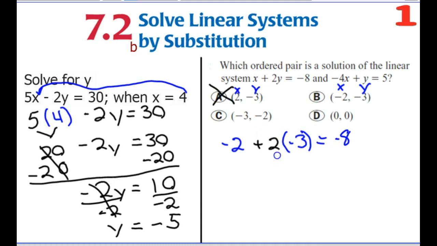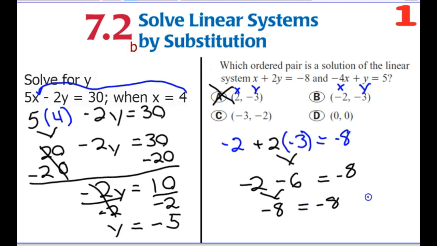Well, now we have 2 times negative 3, which is negative 6. And negative 2 minus 6 equals negative 8. And negative 8 equals negative 8. So yes, this one works.